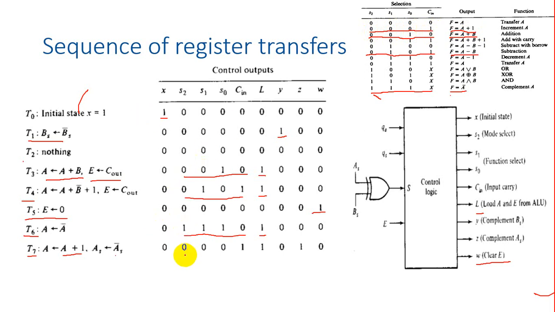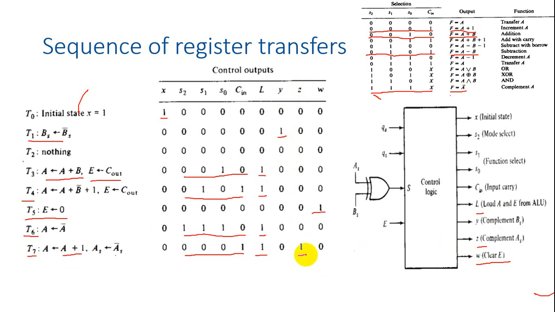This is 0, 0, 0, 1. And also you are going to load the result to the A register. So L should be high because you are going to load the result to the A register. And how do you take the complement of sign of A? By using, look at over here, complement AS, Z. Z will complement AS. So Z should be high. This is Z. Okay, Z should be high.